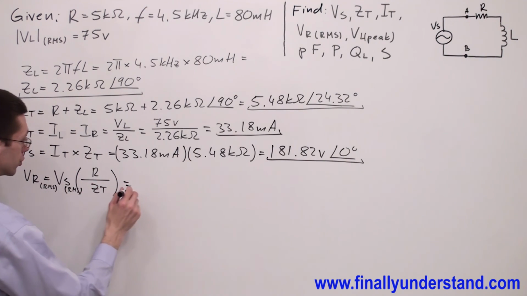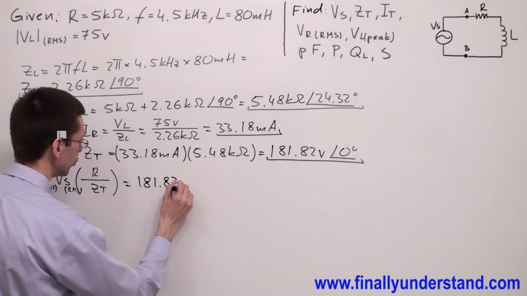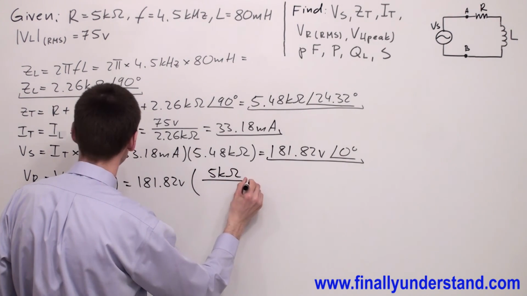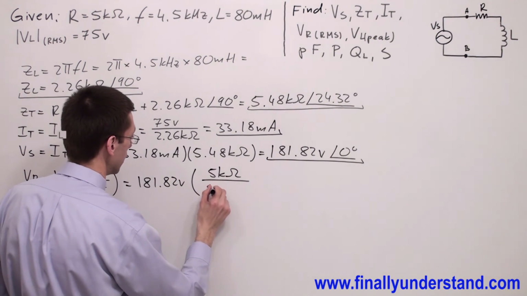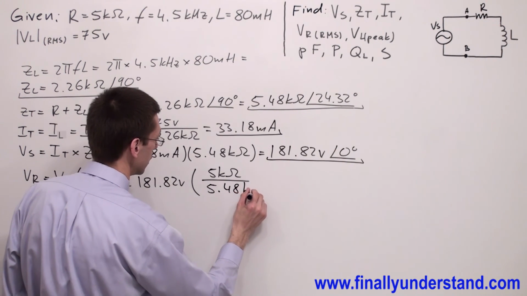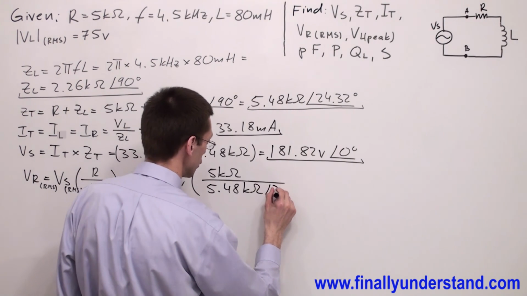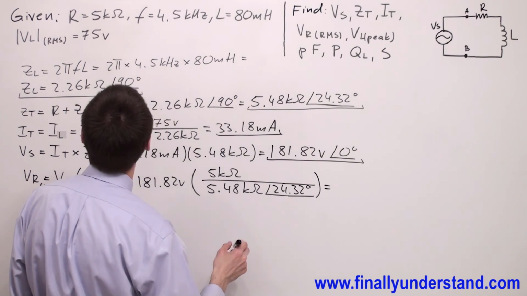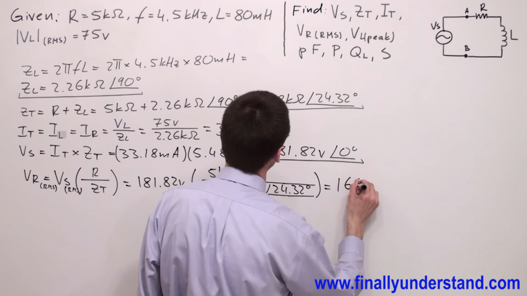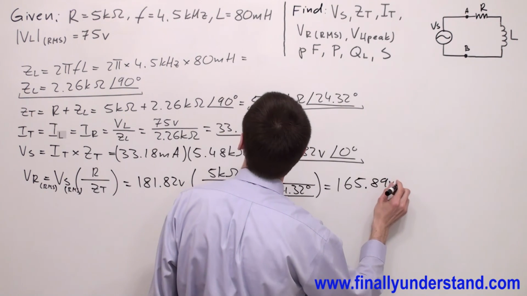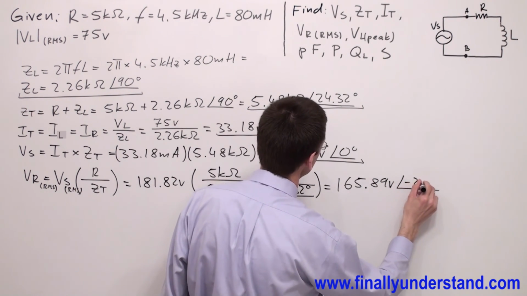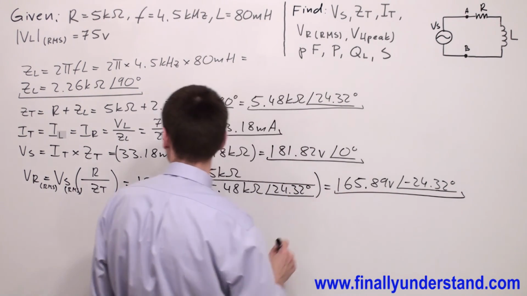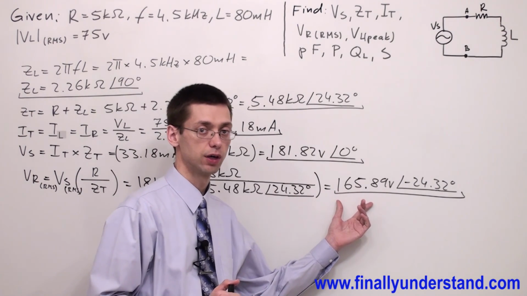So I have voltage source is equal to 181.82 volts times resistance, which is equal to 5 kilo ohms, over Z total, which is equal to 5.48 kilo ohms and angle of 24.32 degrees. Close parenthesis, this is equal to 165.89 volts and angle of negative 24.32 degrees. Okay, so this is the voltage across the resistor, RMS.